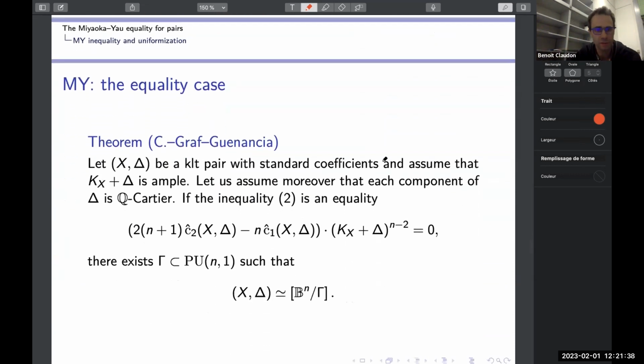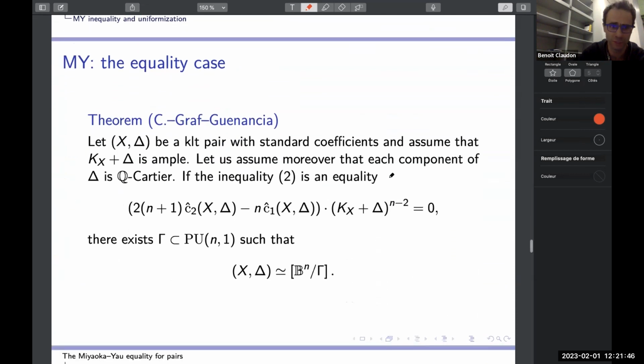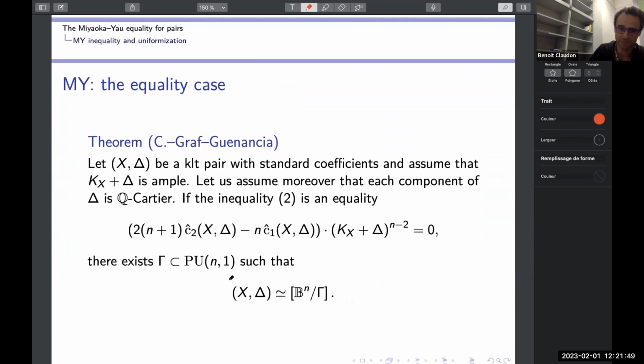Okay, now since we have the inequality, it's rather natural to look at the equality case. And so what we prove with Patrick and Henri is that the same happens as in the smooth case. So if Kx plus delta is now supposed to be ample, and again each component of delta is Q Cartier, then once we have the equality in the inequality, the pair is a ball quotient.